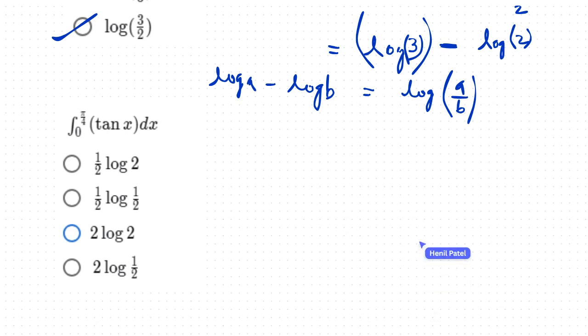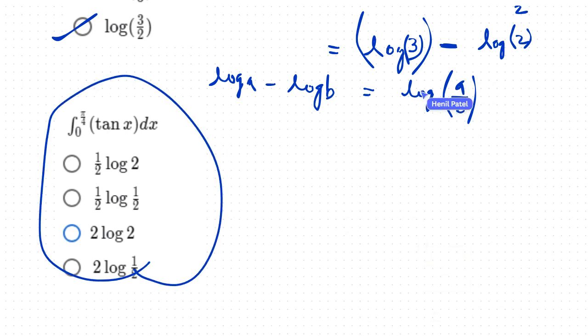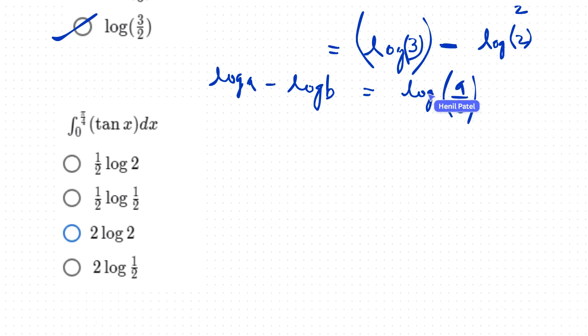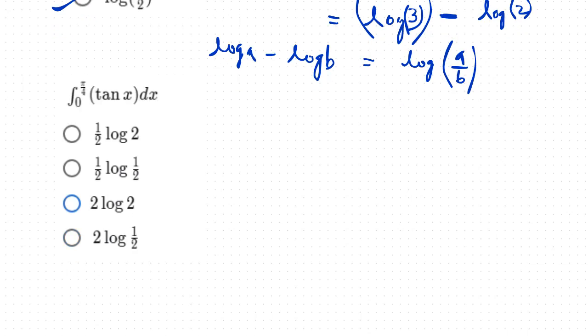This is the pi question. Integration of tan x will be log of sec x. So sec means 1 by cos, right? So integral tan x means log sec x, correct?